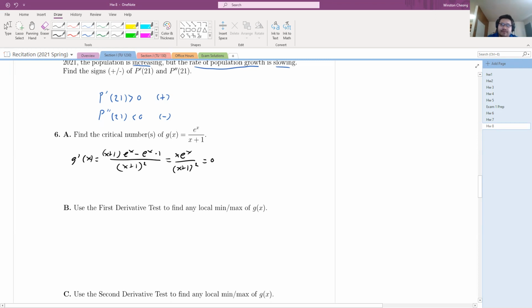And e to the x is never going to equal 0. It's always positive. So x is 0 is what you would get from this. The undefined case is going to give you x is equal to -1. So the critical numbers are x equals -1 and 0.